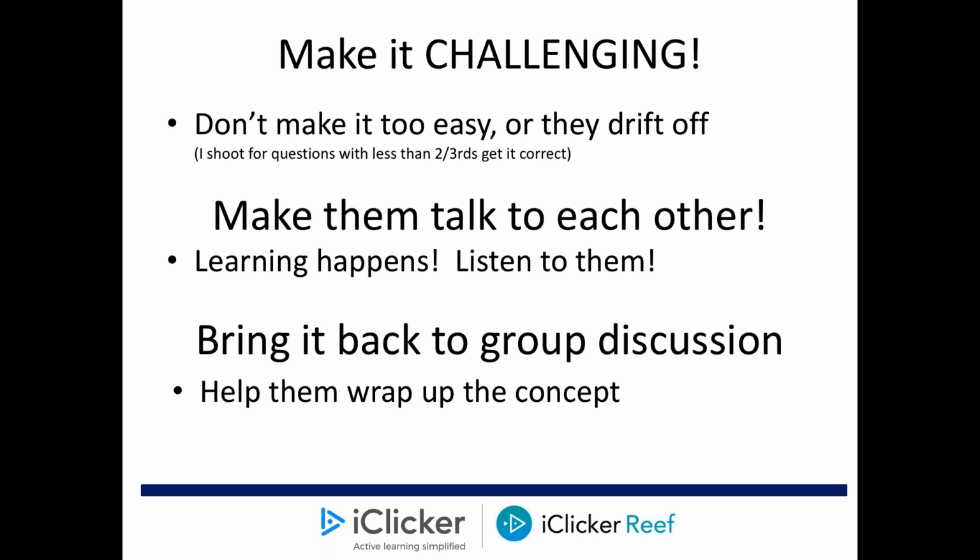Also, when you let them talk to each other, you can actually hear what's going on, and that will help you see where their misunderstanding is, which you can then maybe bring back to the entire class, or immediately confront some of those misconceptions. And it can be brought back to the class to just do a little bit of group discussion.